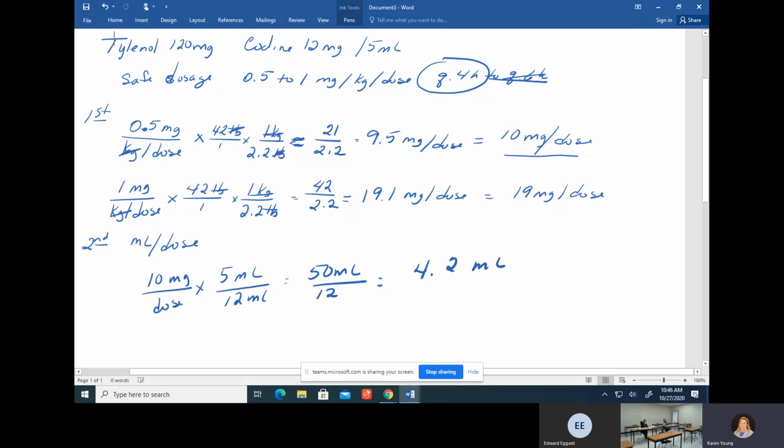To get milliliters per dose, we're using our safe dose. And then to get 19 milligrams per dose times the 5 milliliters per 12 milligrams, 19 times 5 is 95, divided by 12. And I get 7.9 milliliters. And he's ordered 10 milliliters.